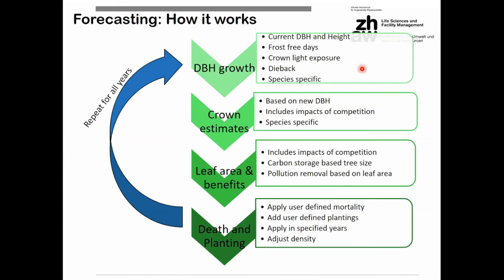It goes into crown estimates, leaf area, and benefits. And you can do with all this information estimates or forecasting of what your urban forest is providing in the future. And you can do that, of course, for all years. You can repeat it as much as you want.